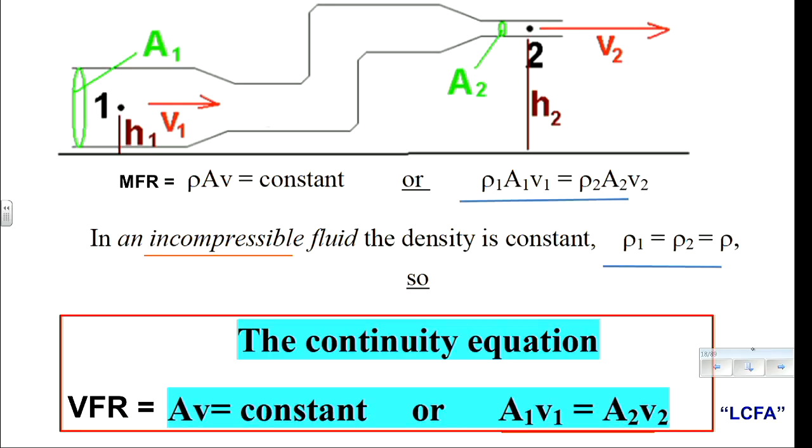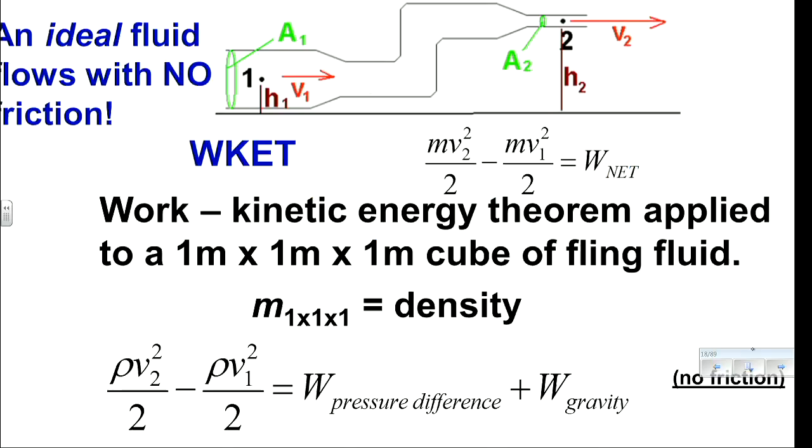The amount of volume remains constant, remains the same. That's the first equation. And you can see in this picture, it doesn't really matter how the pipe is shaped. It's not about the pipe, it's about the fluid. If it's an incompressible, ideal fluid, the continuity equation always works.